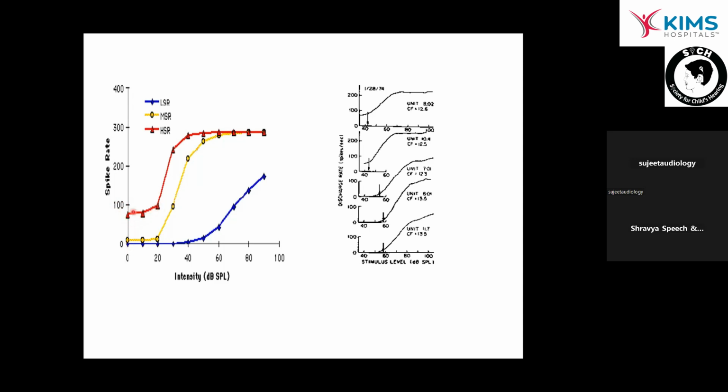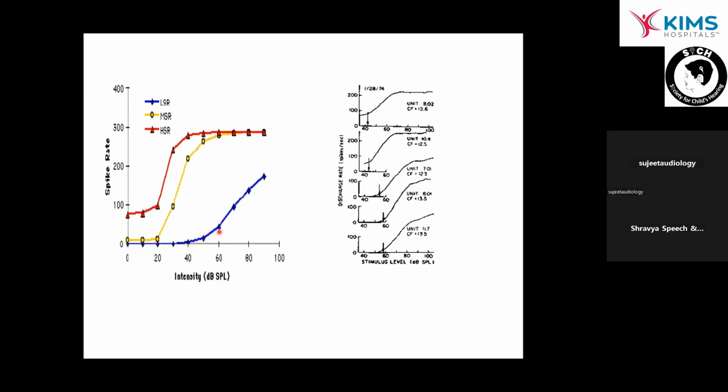Okay, already this has action potentials, and then as you go on increasing the intensity, it reaches a saturation level. Whereas for a low spontaneous rate fiber, you require at least 40 dB of intensity to produce some action potential here.